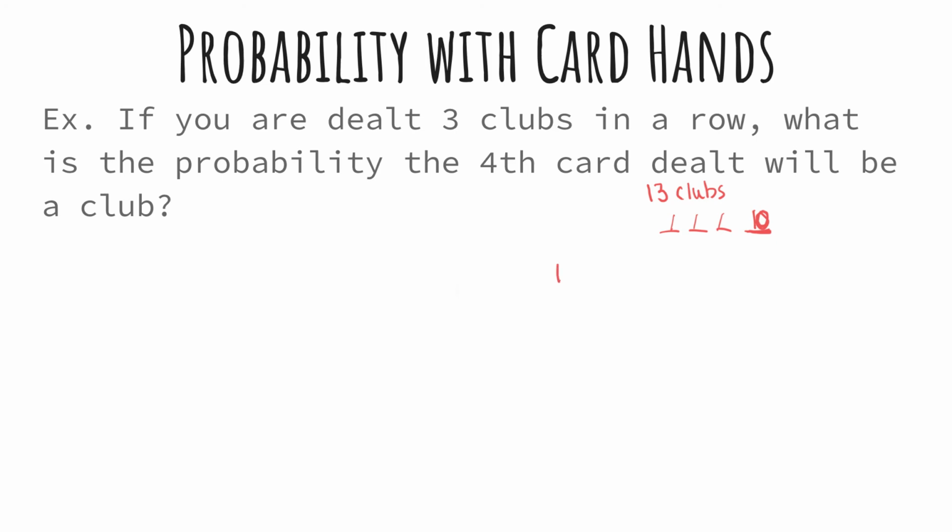So my numerator is going to be a 10, and then I also have to remember that if I have 52 total cards, well, 3 of them have already been drawn, so I need to take that away, so now I only have 49 total. And so the probability of that 4th card being a club would be this, 10 out of 49.